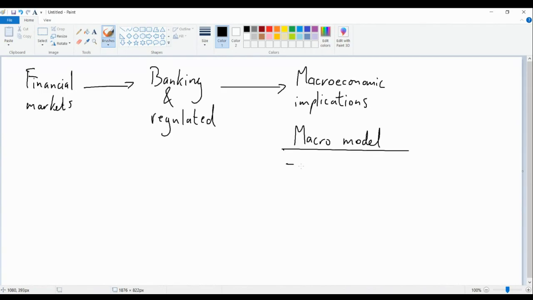Macroeconomists tend to measure economic activity in terms of production. So the financial markets messing up economic activity means financial markets interfering with our ability to produce goods and services.